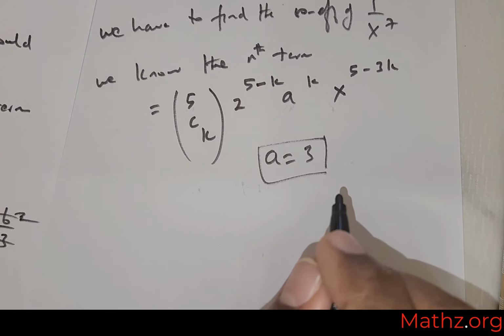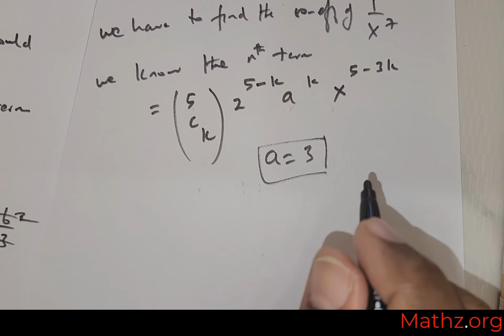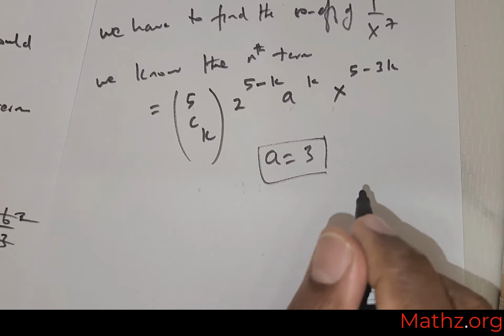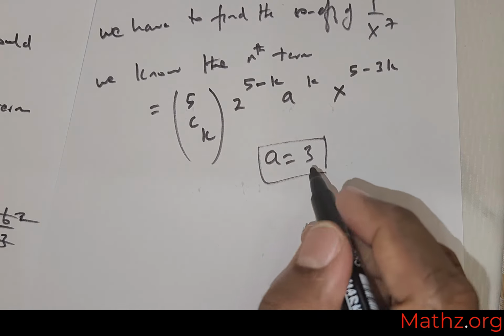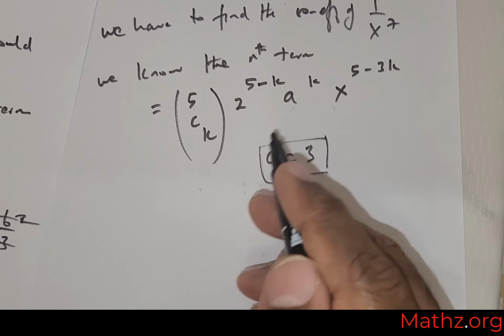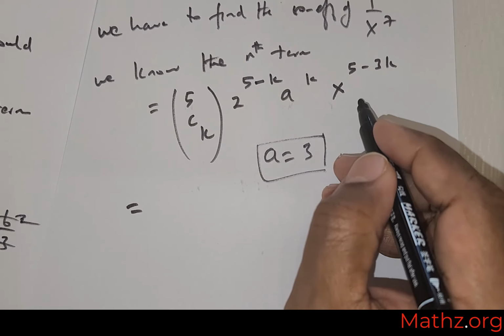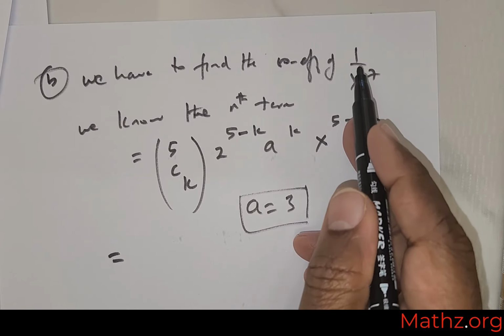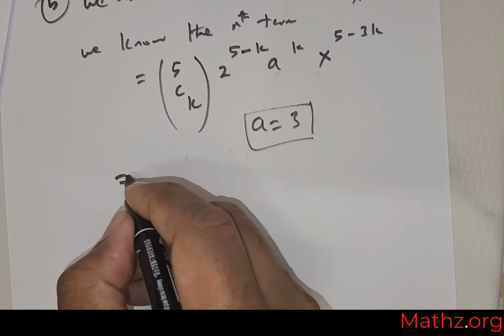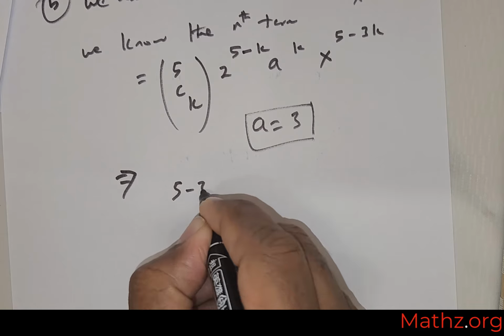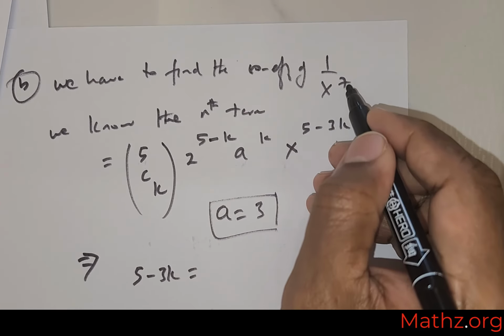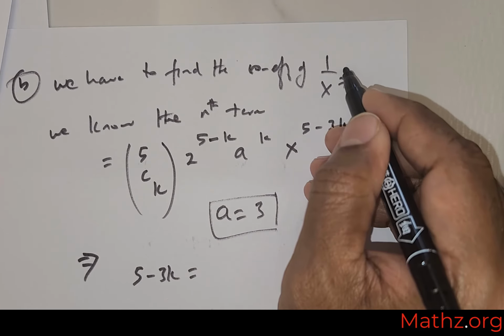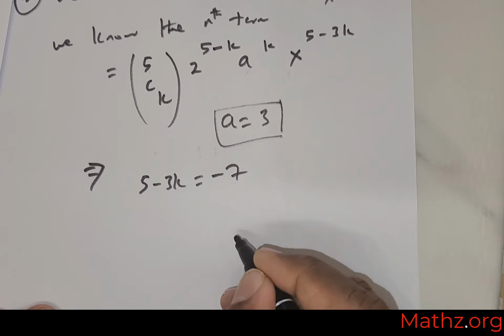So you can take the value of a to be equal to 3 and make the substitution. Now you need this x raised to the power of 7 in the denominator. So this means 5 minus 3k is equal to this, it will become a negative value, right? So you place the 7.